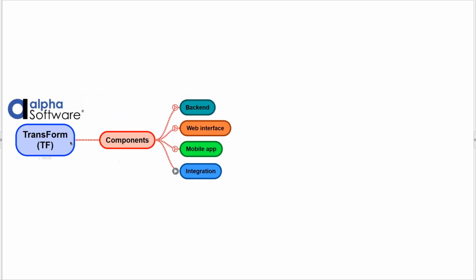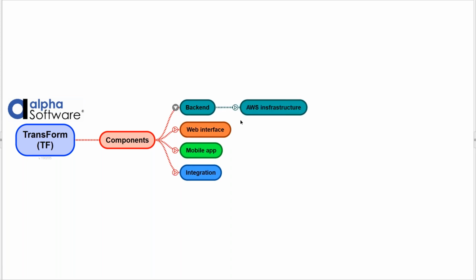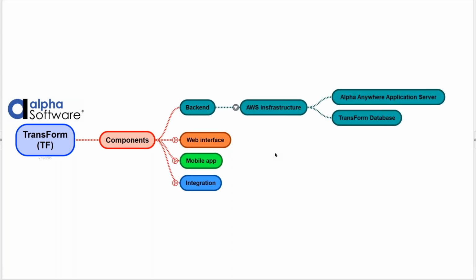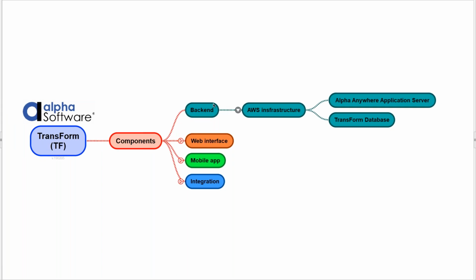So, as an overview, TransForm is a platform offered by Alpha Software, and as a platform, it has a number of components. So most of you will probably be aware of the mobile part of it, which is obviously a major component, but it's not the only one and not the only important one. So TransForm starts with a backend, and the important thing to remember is that Alpha offers the complete backend required for the TransForm platform to operate.